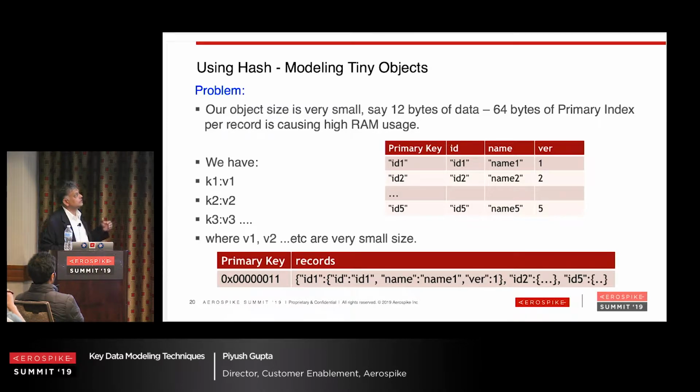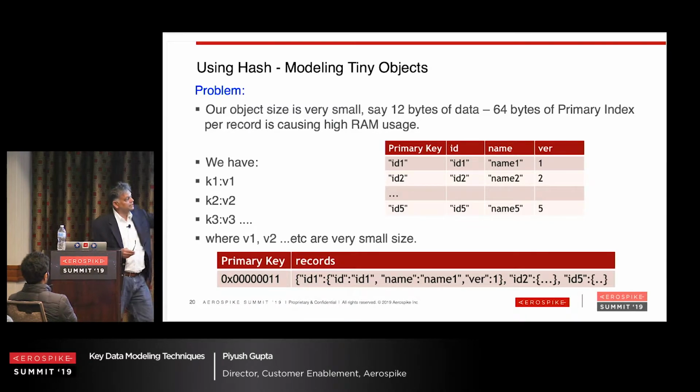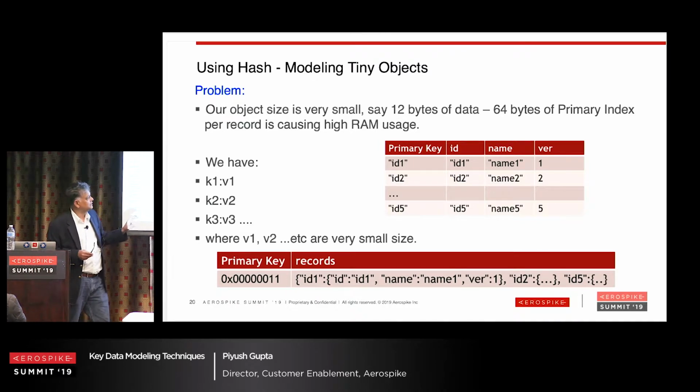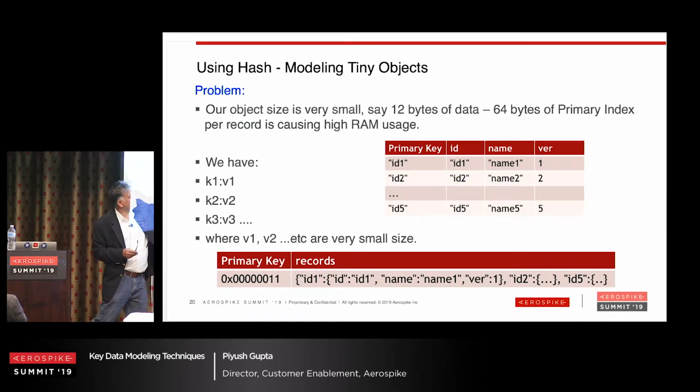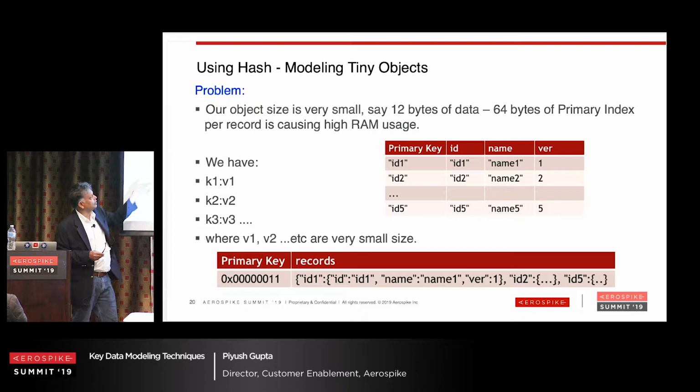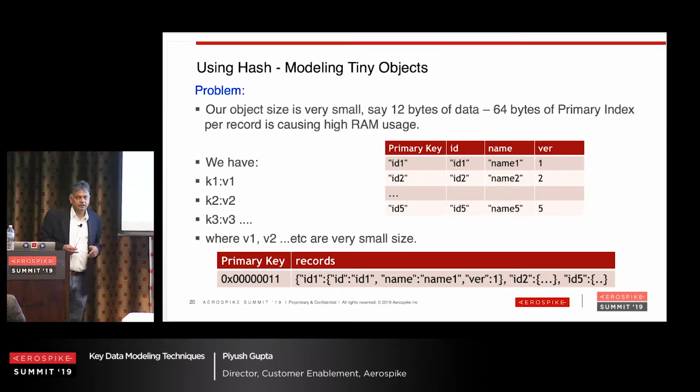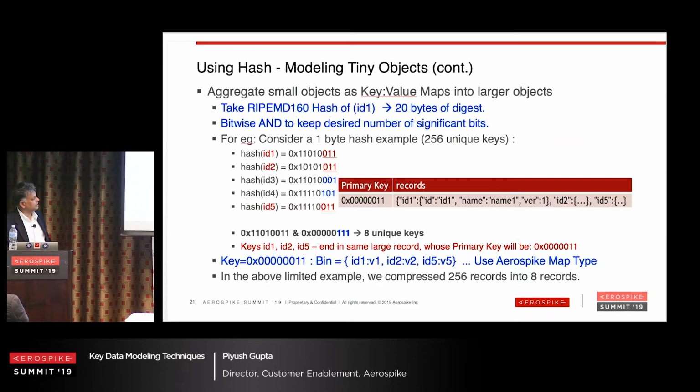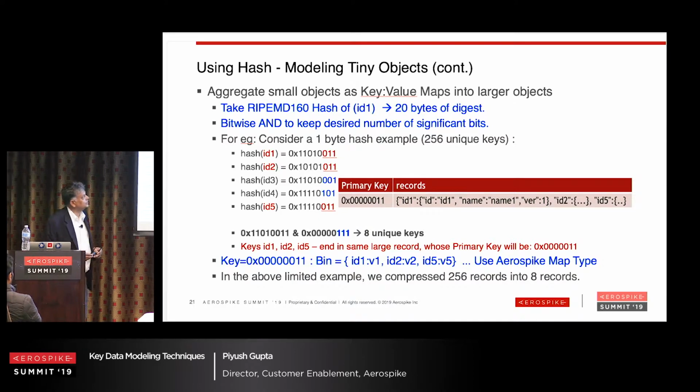Same technique, let's say I'm modeling very small, tiny objects, a very small number of objects. I have just a primary key with very small data, and I'm consuming a lot of RAM just in the primary index. My data size is very small, comparable to the primary index RAM. I can take all those records and stick them as key value pairs against a key that I generate from the hash. So how do we do this?